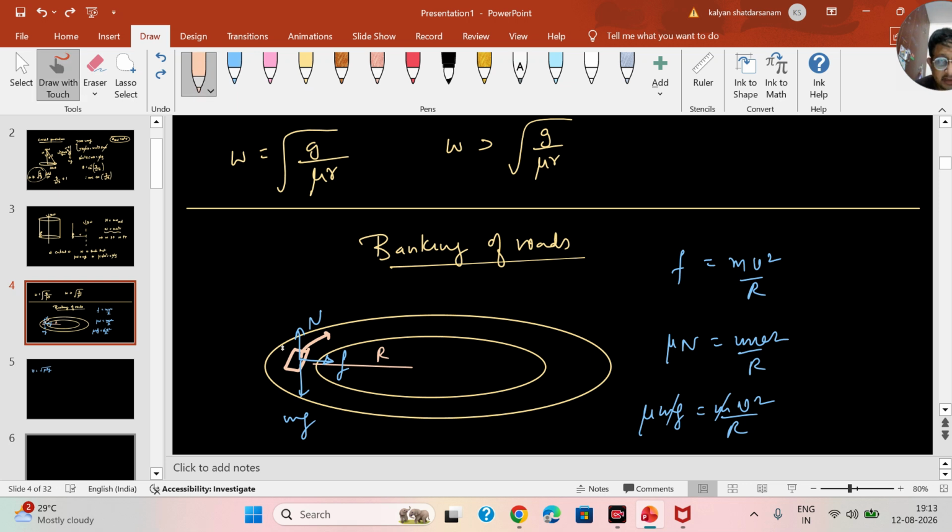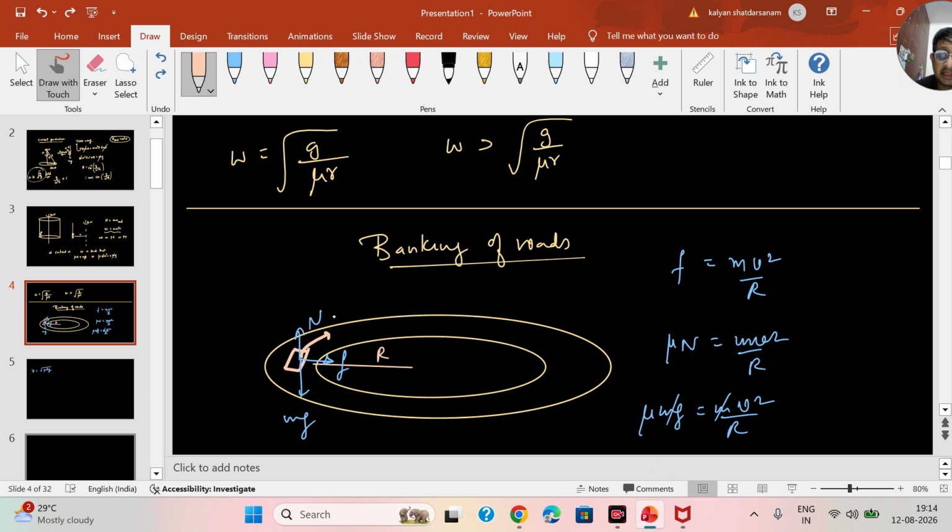That is, it will skid in this direction, outward, away from the center. So while going, instead of taking a turn on this path, it will skid and maybe go there. It won't be able to go in the perfect circle. It will go away. So for this reason, there is a limit on the road. You cannot go beyond that speed.